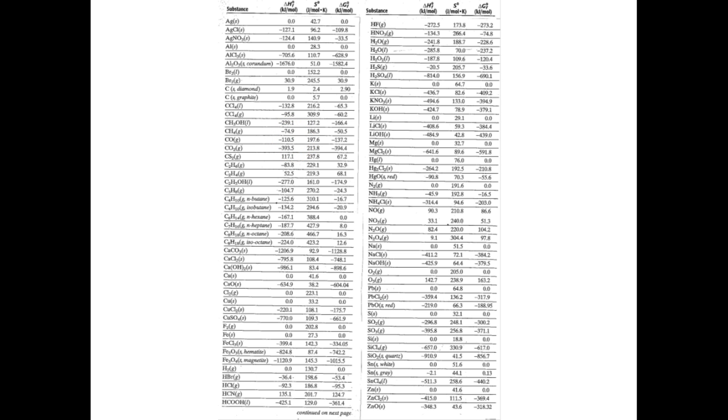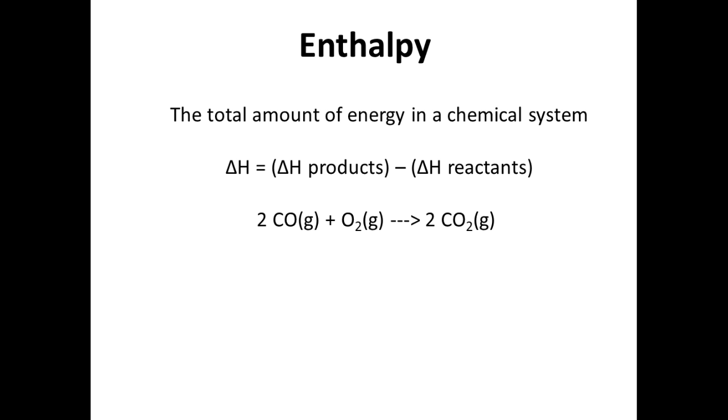We have oxygen, which has a heat of formation of 0 because that is its natural state, and carbon dioxide, which is negative 393.5. So what we do is we take that information and we plug it in.